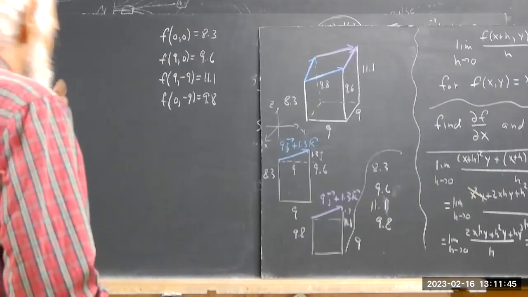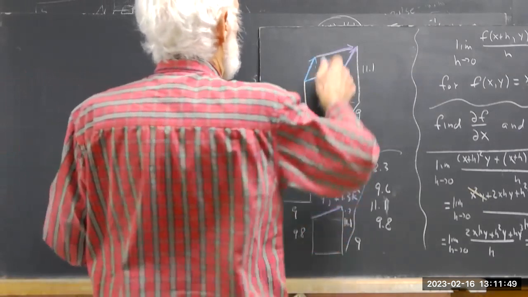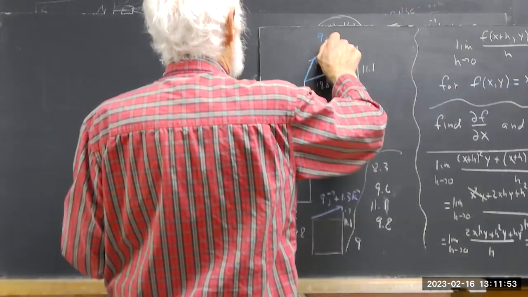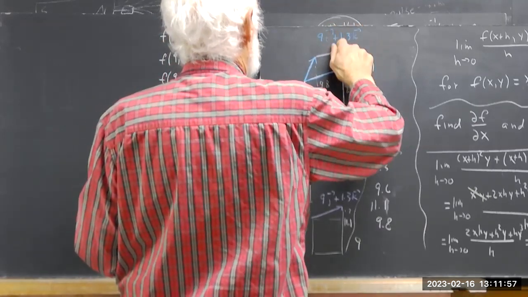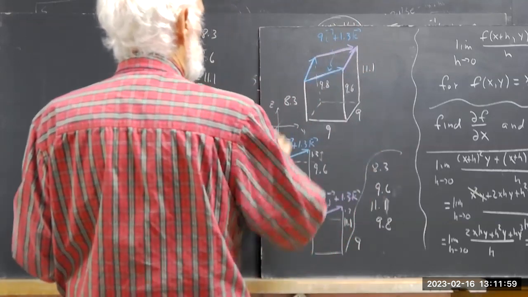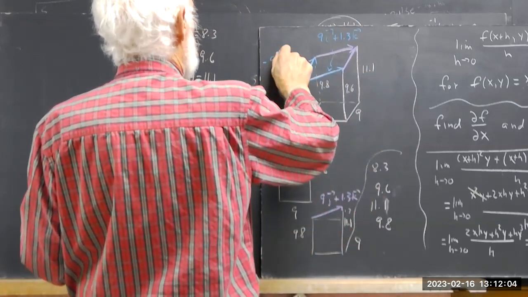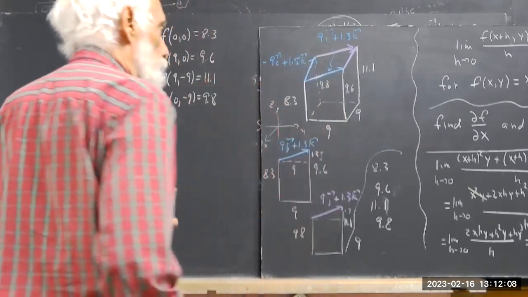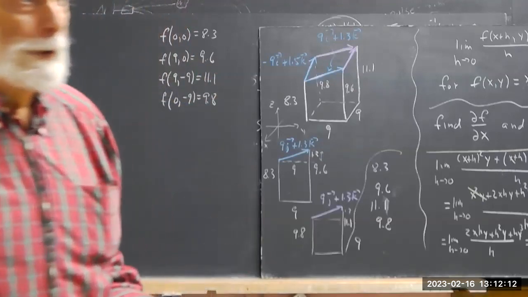Okay, well, we confirm then that this vector is -9I plus 1.3K. This vector is -9I plus 1.5K, right? Now, can you get your unit normal from this?